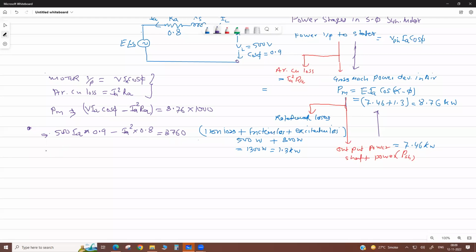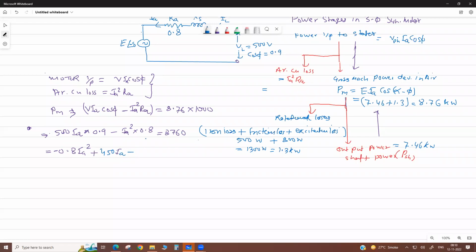So now this becomes a quadratic equation: 0.8 IA square, minus, this is plus, 500 IA. 500 into 0.9 comes 450, so 450 IA.